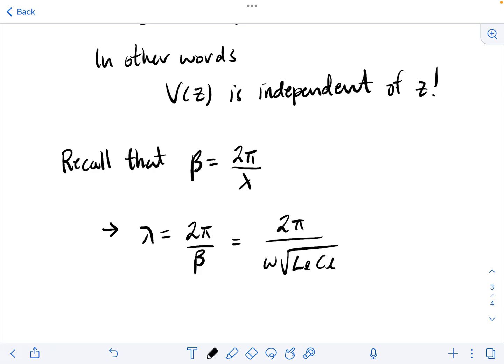And if we stick with our numbers for omega is 2 pi times 10 kilohertz, and the values of the inductance and capacitance per unit length for the RG58 cable, we would calculate lambda is equal to 25 kilometers. So at these low frequencies of 10 kilohertz, the wavelength of the signals is massive. It is much longer than any of the cables that you would be using in a typical circuit.